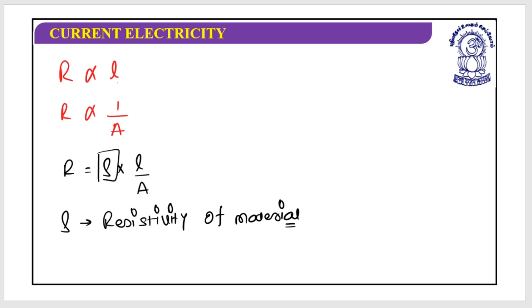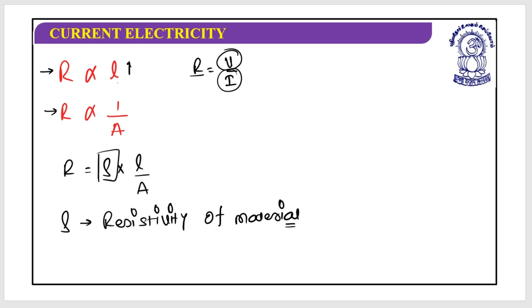When we started resistance, we were discussing that R is equal to V by I, and I said that if you want to change R, you cannot change V or depend on I, but you can depend on these parameters. Yes, you can absolutely depend on these parameters.